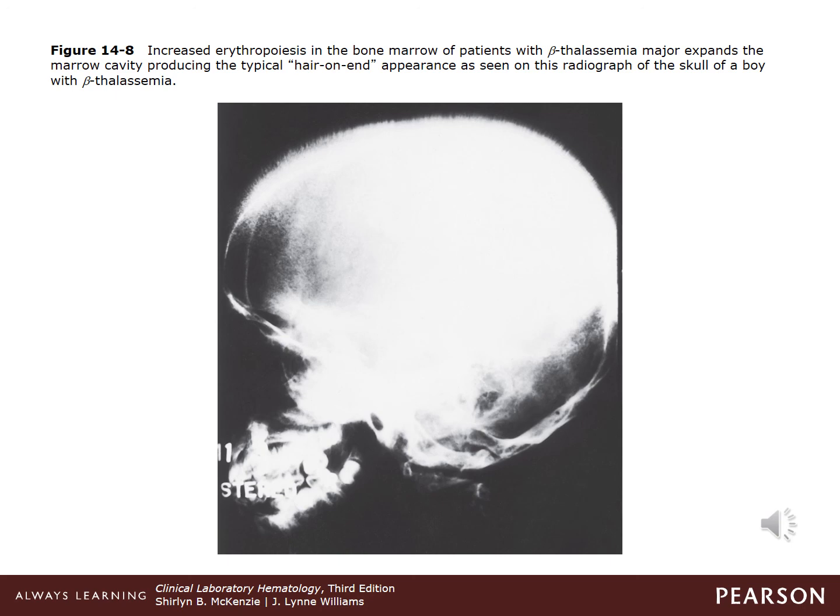So the expansion causes thinning and calcified bones, and in this next image you'll actually see the deformities that beta thalassemia major patients can have.